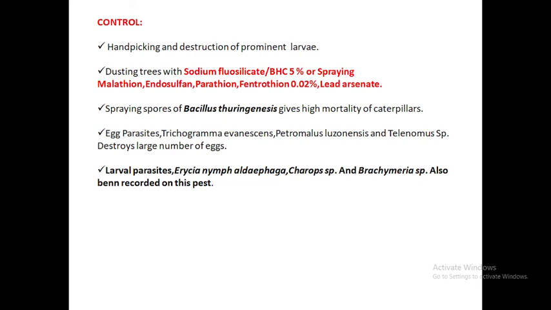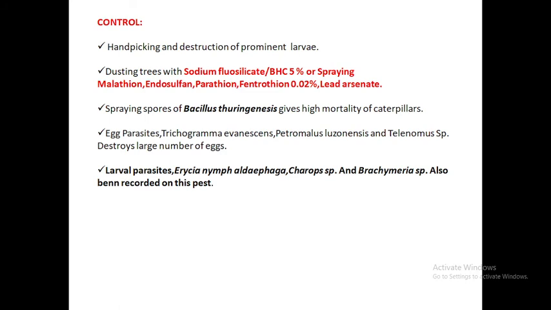Even if it looks very nice, it is a pest, and so we have to control this pest by different methods, that is, the chemical method and the mechanical method. If I choose the mechanical method, I can handpick the pest from the lemon leaves and destroy that larva by a proper method.